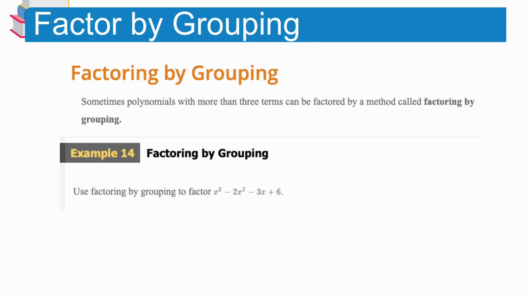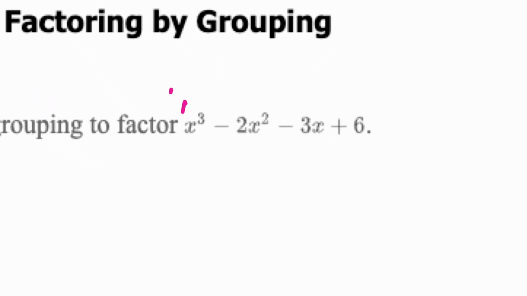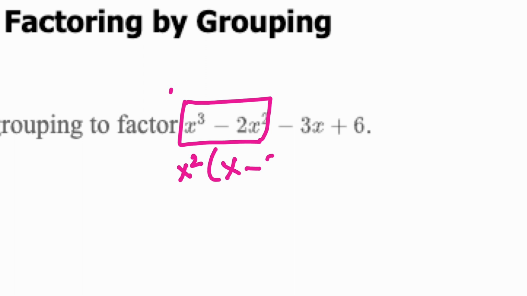So right now I can see that if I am factoring this together, then I can pull out x squared, but that leaves me with x minus 2, and that x minus 2 is a factor of this.